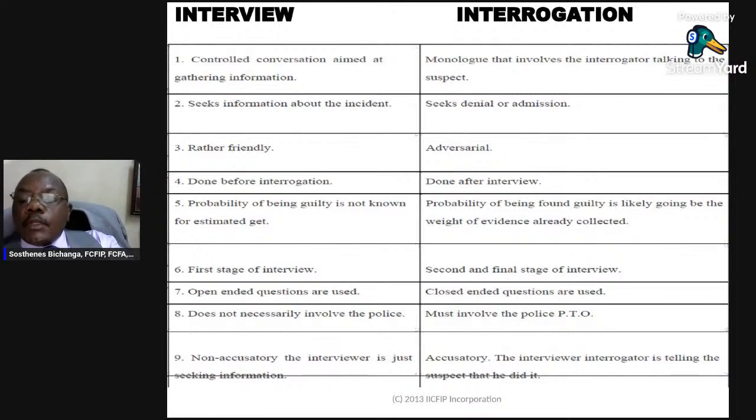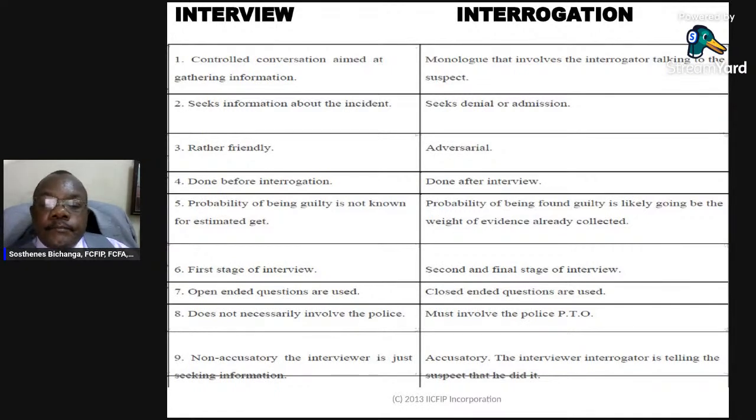When a person comes to interrogation, it means that the investigator has already decided that this person is most likely to be guilty, going by the weight of evidence collected from the documentary evidence examination stage and the witnesses interviewing stage. That is why the interviewing of witnesses must come first, so that we get all evidence together, bound together with the documentary evidence against the suspects.